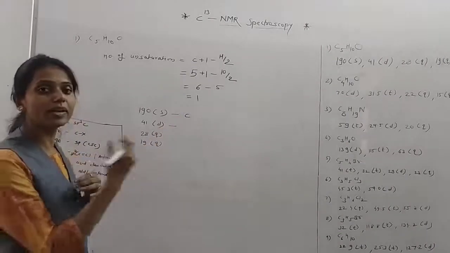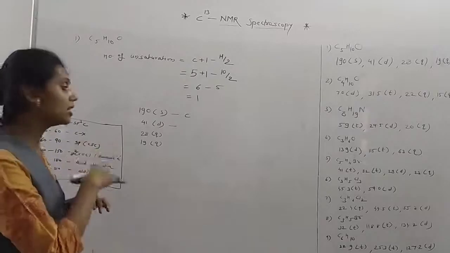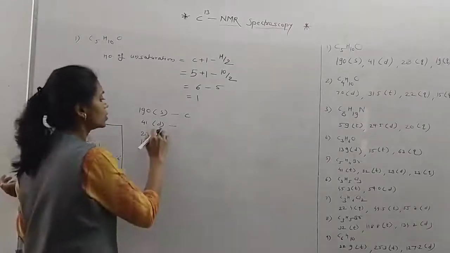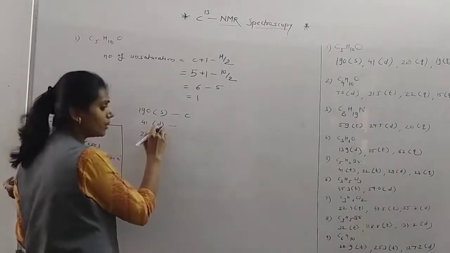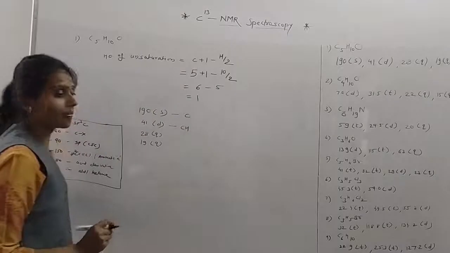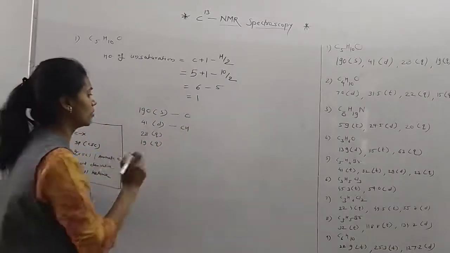Now when we say doublet in C13 NMR, this multiplicity depends only on how many hydrogens are attached to that carbon atom. It is not dependent on the neighboring carbon atoms as we study in H1 NMR. So it's different in C13 and H1. When we say doublet, it is due to CH, which gives a doublet according to the n plus 1 rule.